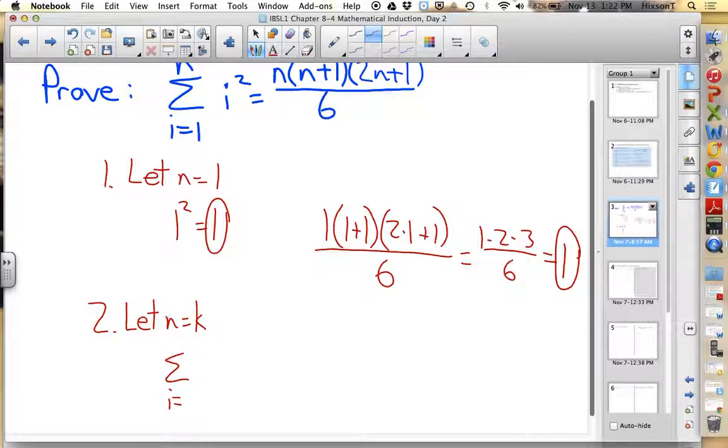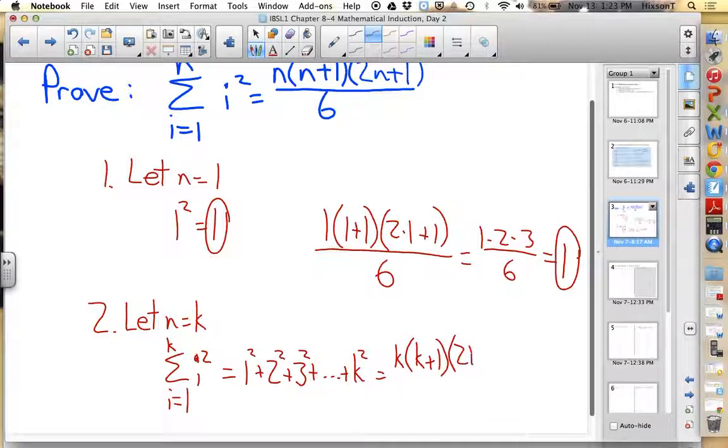No. Now, one thing you may want to do at this point is to go ahead and expand out that sum a little. 1 squared plus 2 squared plus 3 squared all the way up to k squared. And then that's going to equal k times k plus 1 times 2k plus 1 all over 6.